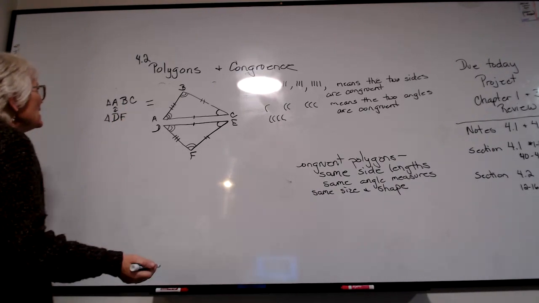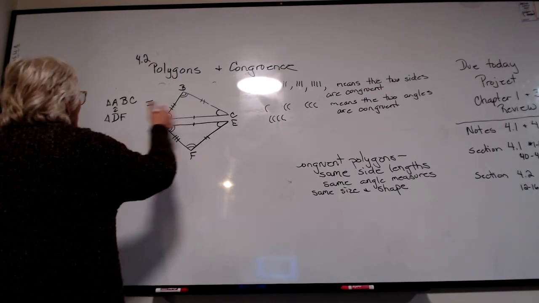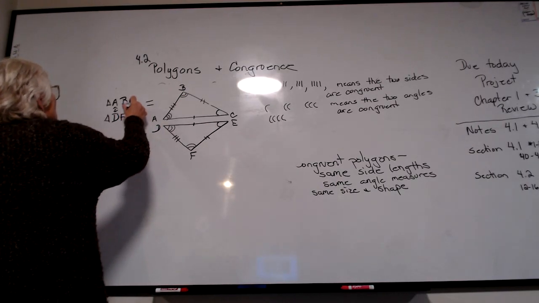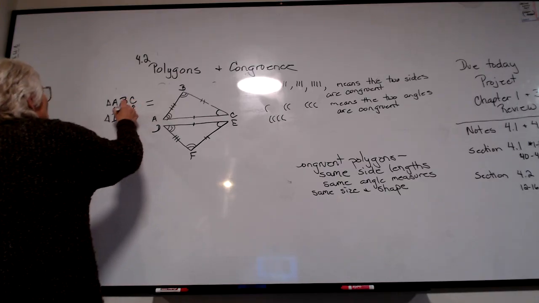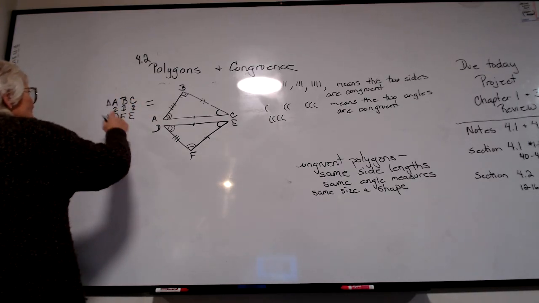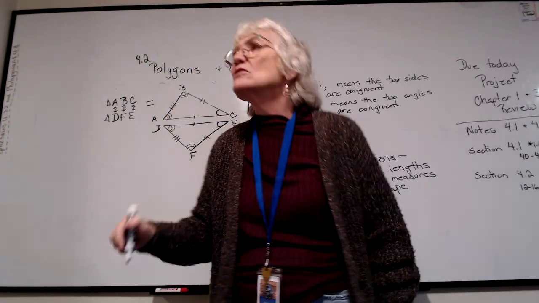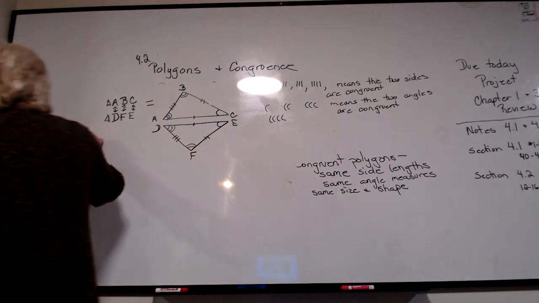Now it should be pretty easy to figure out what's next because we have a triangle with 3 points, so E goes, but we can check. They all are the same size. A is the same as D, B is the same as F, C is the same as E. Those are called corresponding parts.